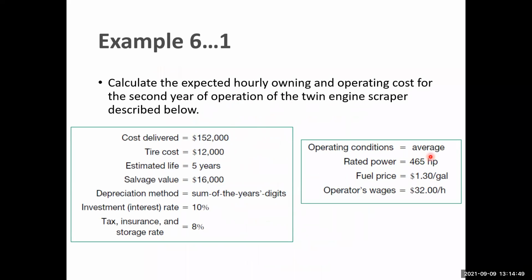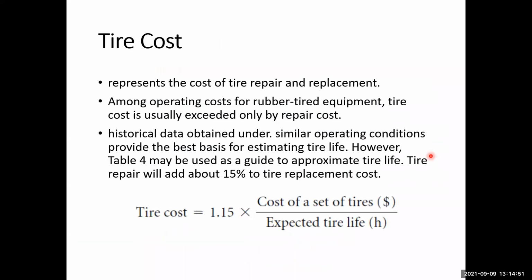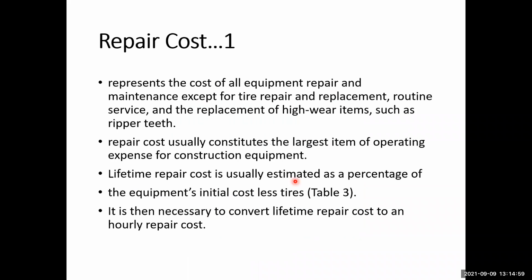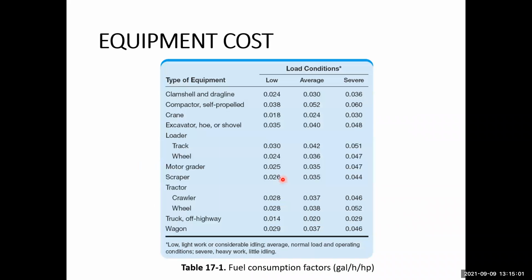Okay, average operating conditions are average. So I go to table number 1. It is scraper and average conditions. No, this is not table number 1. Table number 1 is here. Yeah, it is scraper and average conditions. So we have the 0.035 value.